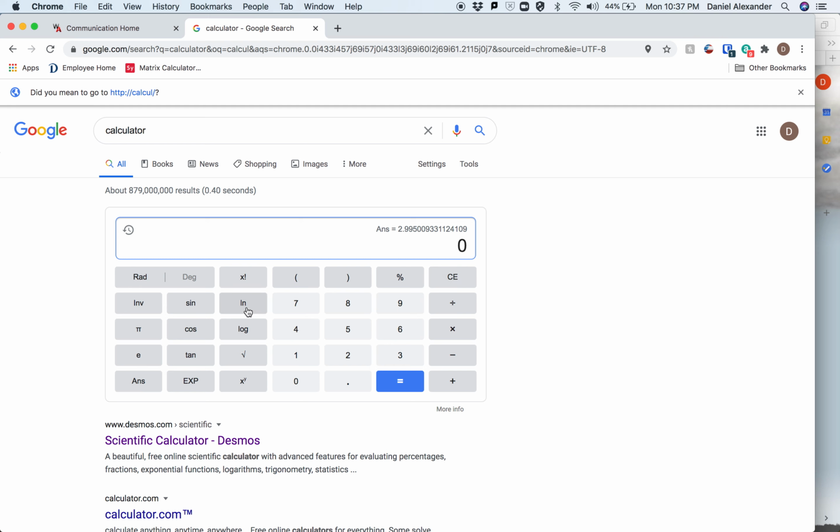So that would be log of 100 divided by the log of 9. Let's see what we get. We get 2.095. That's just a kind of a quirk. Okay, so I'm going to go back to the sheets.